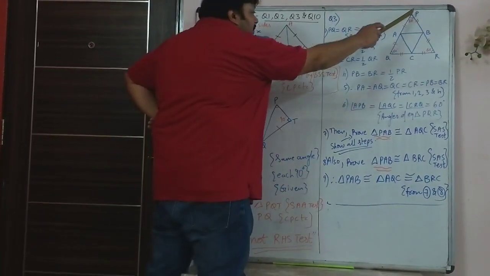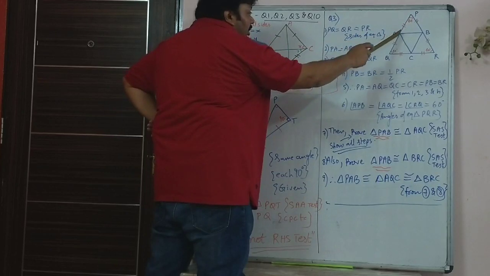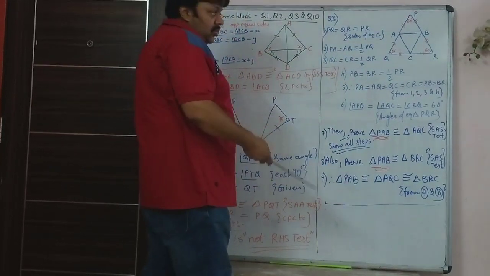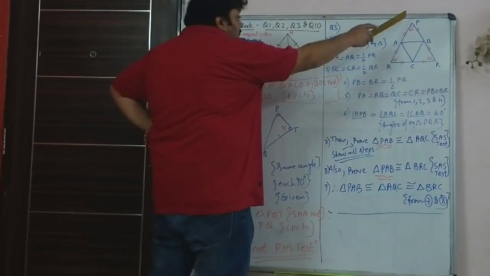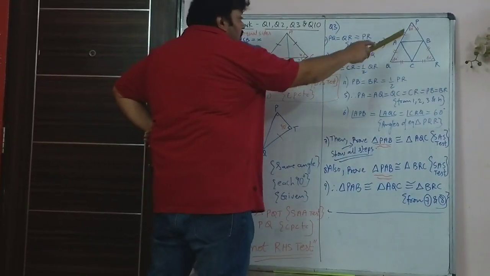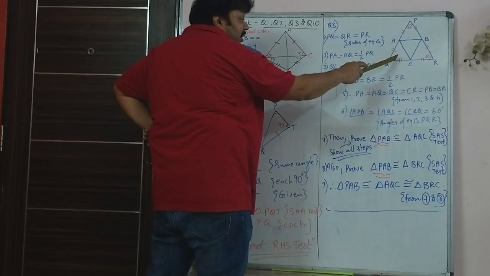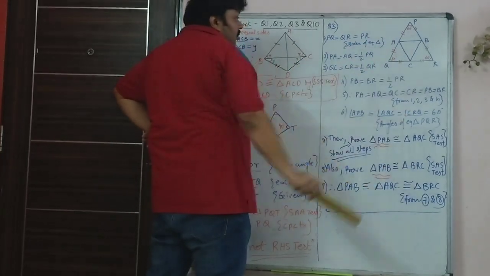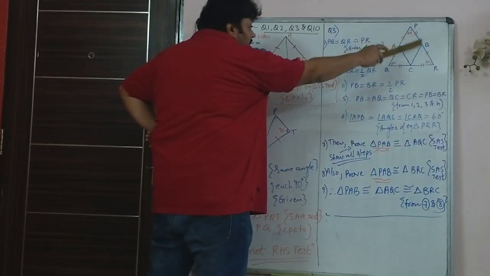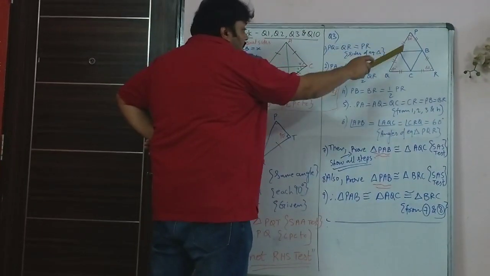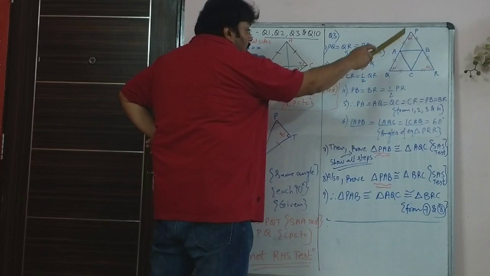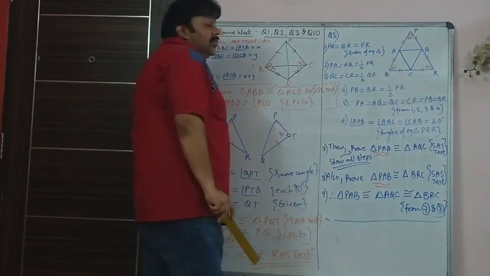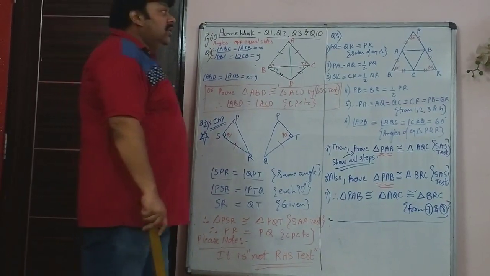So then you take triangle PAB and prove it is congruent to triangle AQC. You have to write three steps: PA is equal to AQ, these two angles are 60 degrees, and QC is equal to PB. So SAS test.